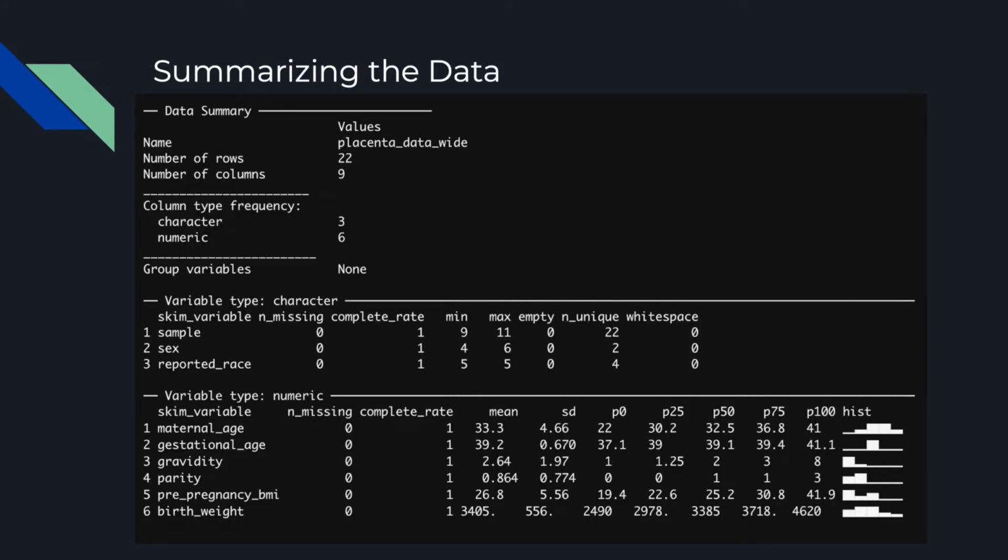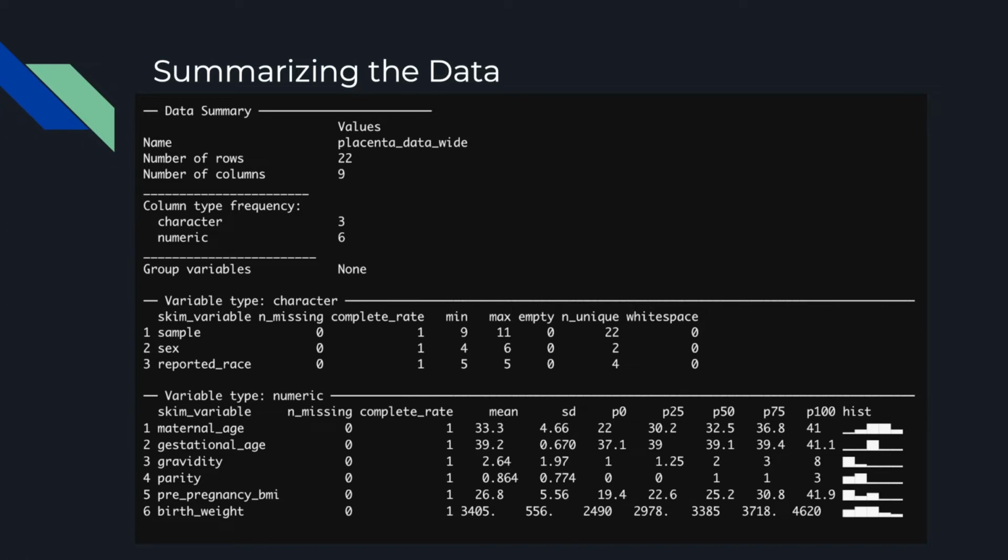So if we look at the data, I summarized it using the skimr package, and you can see that we have different types of variables. The first ones are the samples: we have 22 unique samples, 2 different sexes, and 4 different races, as we outlined before.